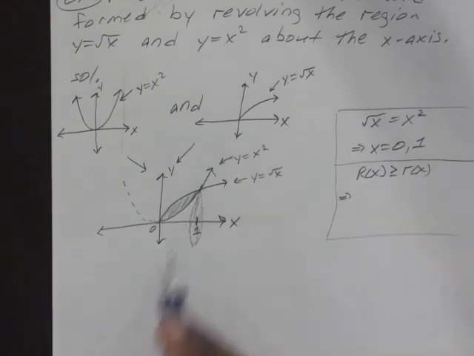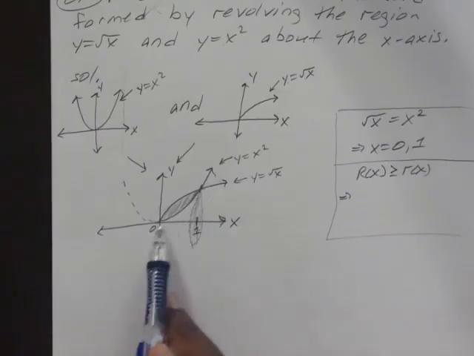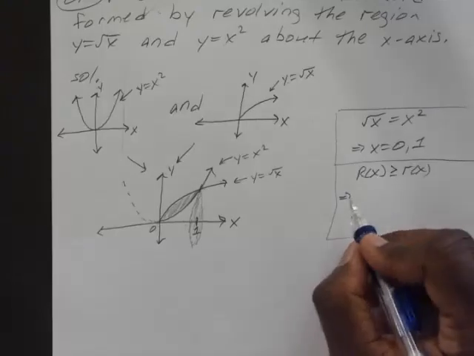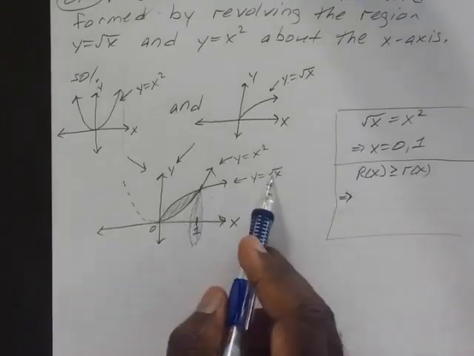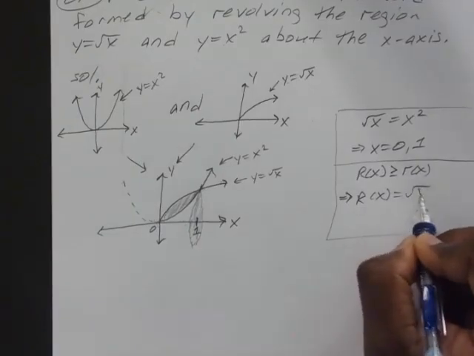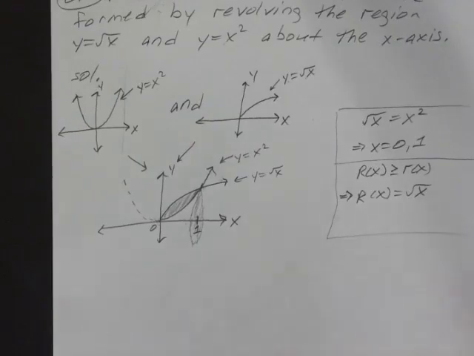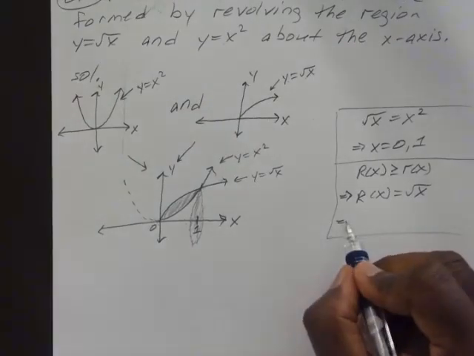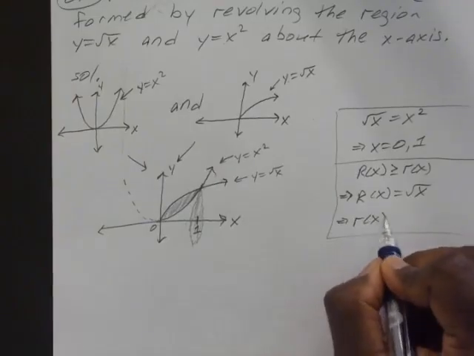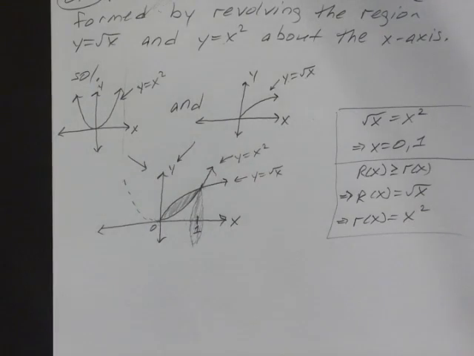That means for this interval, because you can see if you go outside of that interval, they switch up. But just for this interval, we know that uppercase R of x is equal to square root of x, and lowercase r of x will equal x squared, since that is the lower function.